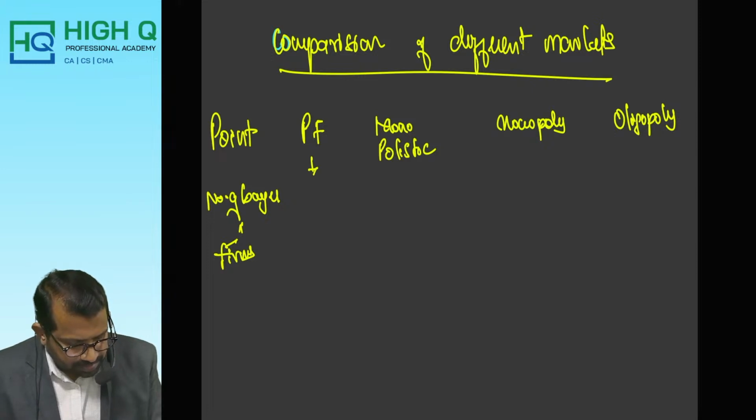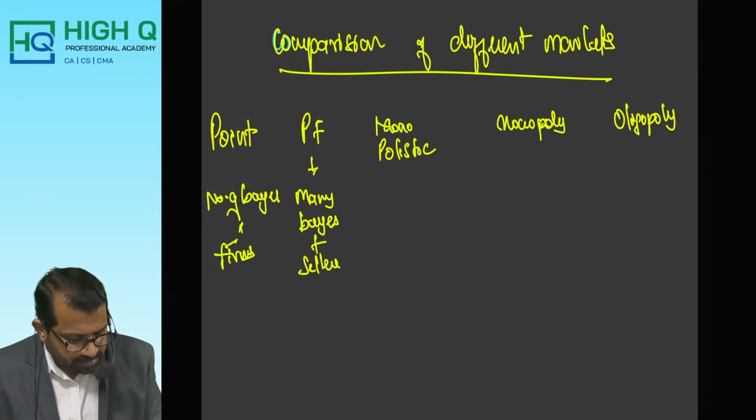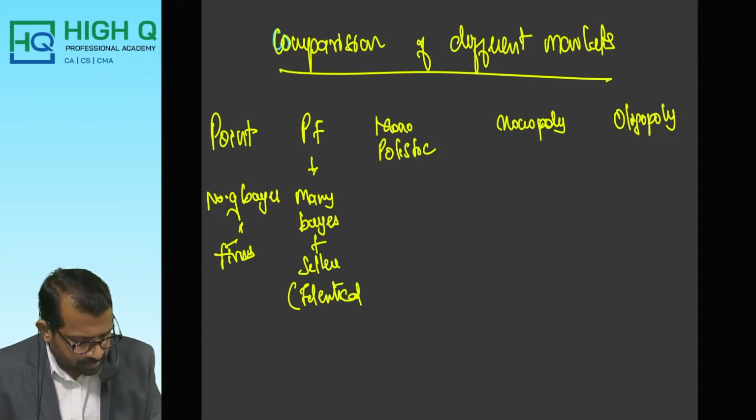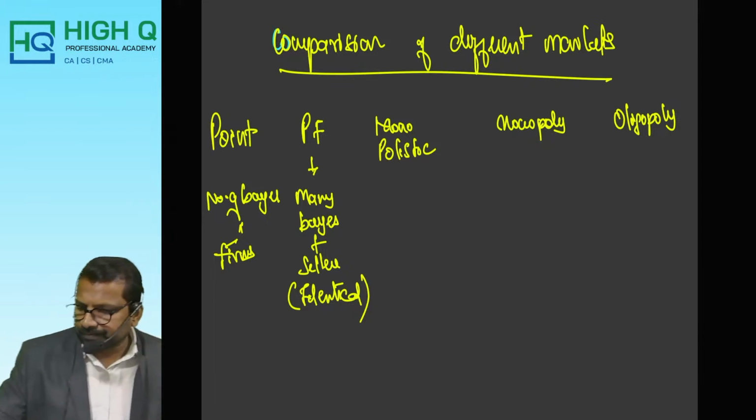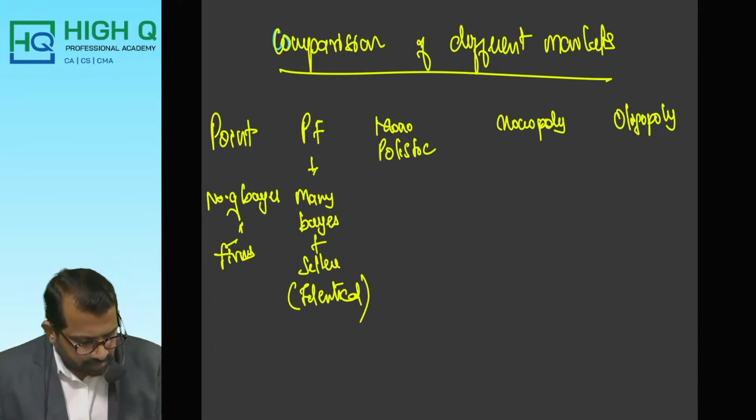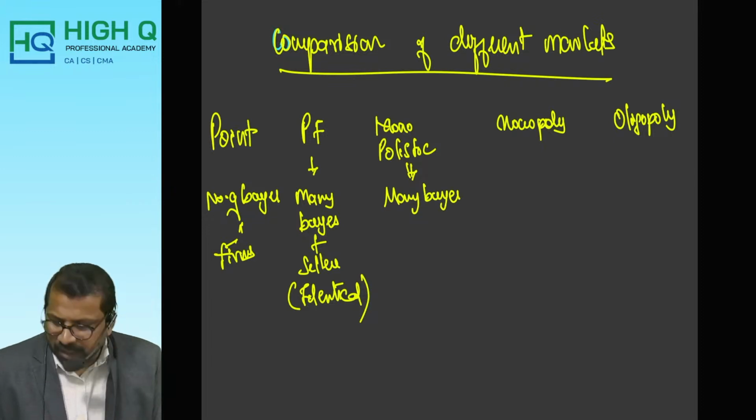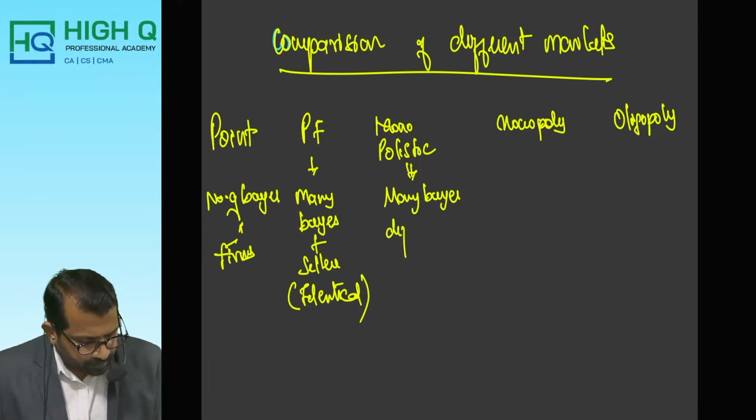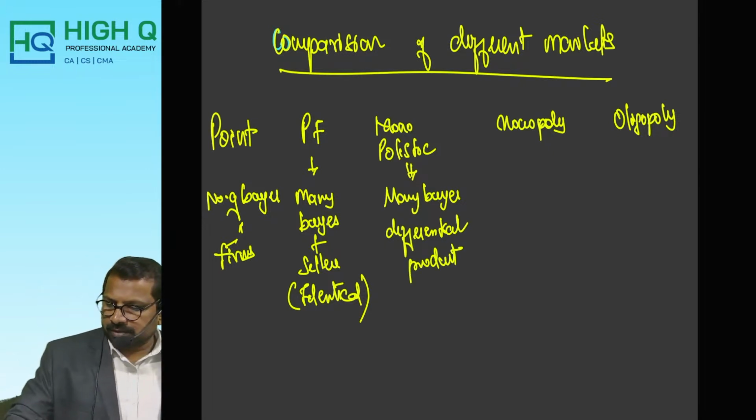In this case, many buyers, sellers selling identical goods. Here same, many buyers but differentiated product.